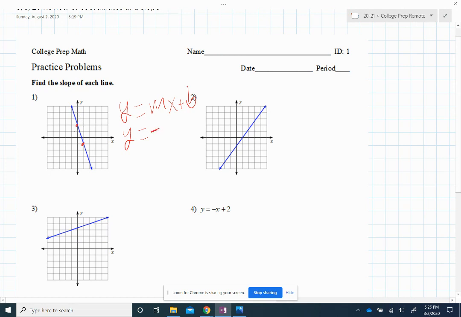So we're going down 1, 2, 3, down 3 over 1. Always remember the x, and it touches the y at 2, and we're going up, so it's plus 2. To clean that up, y equals negative 3x plus 2. Now if we look at the instructions here, it says find the slope. So our slope is negative 3.